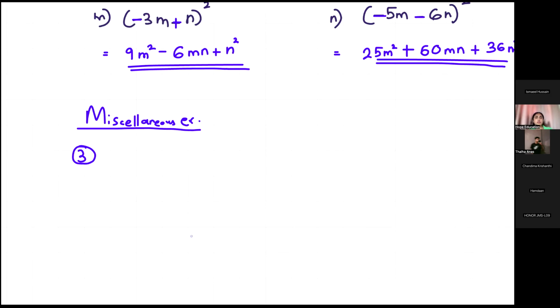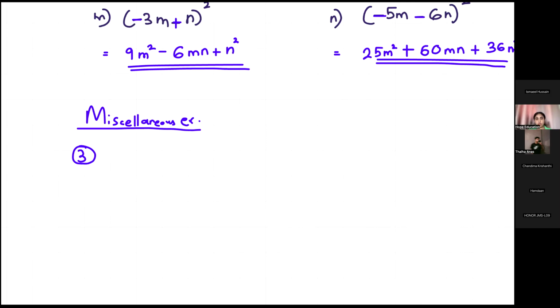Who doesn't have a textbook? Anybody who doesn't have a textbook? Okay, then page 46, miscellaneous exercise, third question.